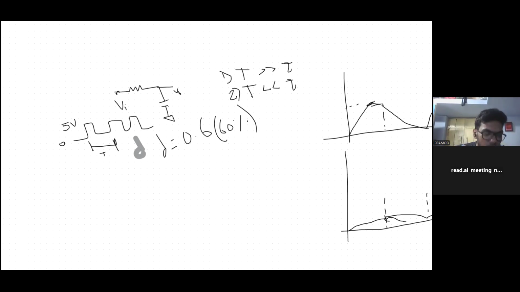So 0.6 times the time period is the positive cycle, right? Correct.